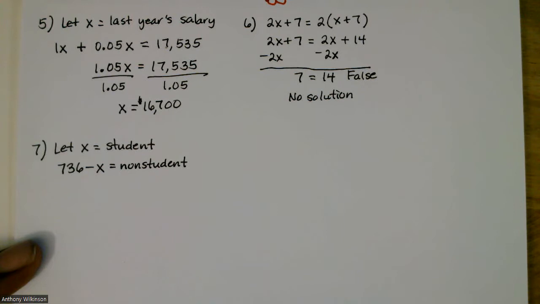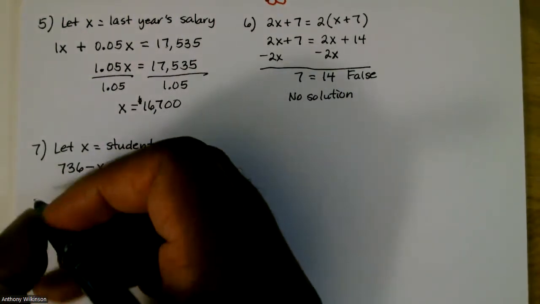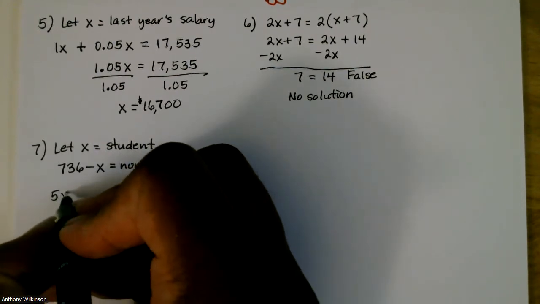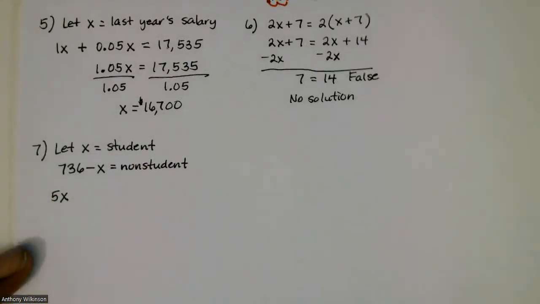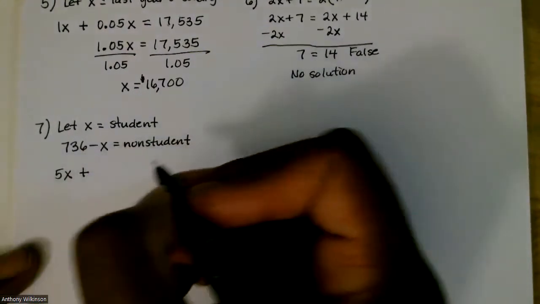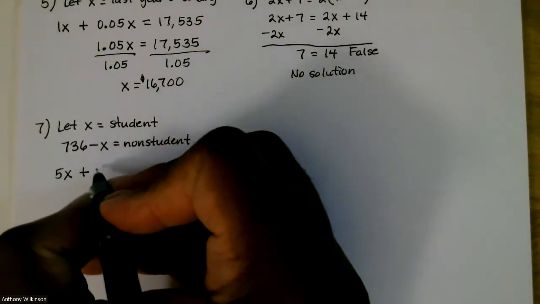And we are told that students paid $5 per ticket. So if X is the number of students, then the cost for each student ticket is $5 times the number of students that bought the ticket. Plus, non-student tickets were $8 each.